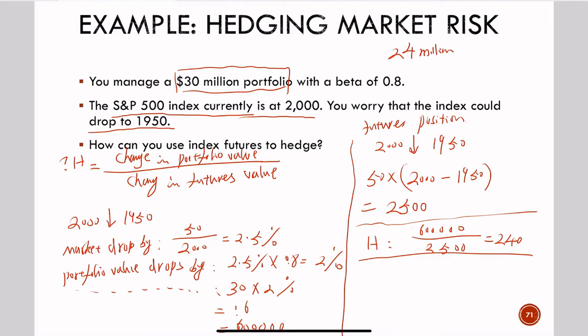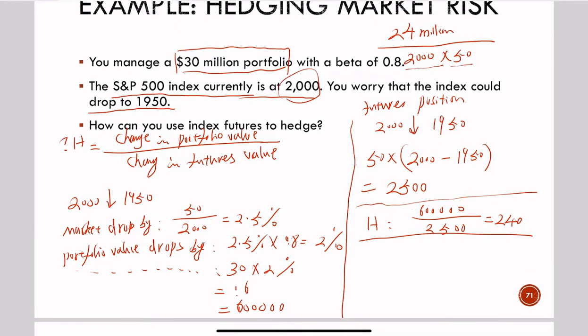And per contract represents 2,000 times 50. This is the current index value, and 50 is the contract multiplier. So this will directly give you 240.